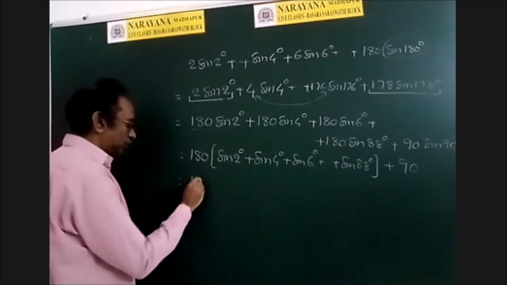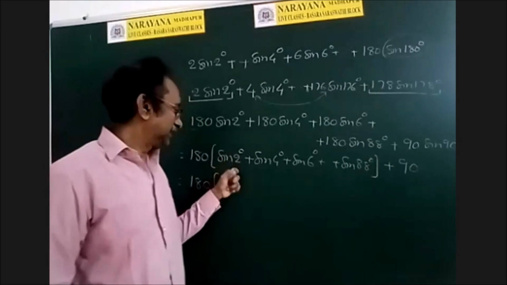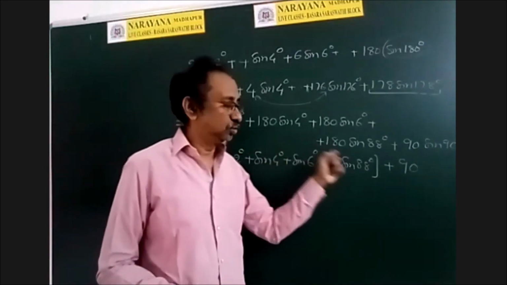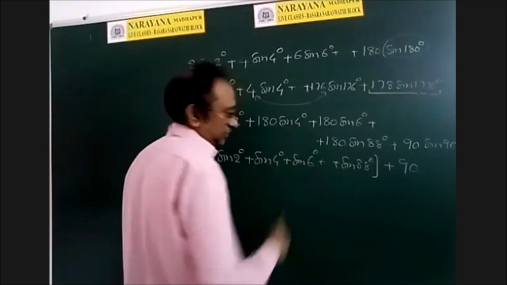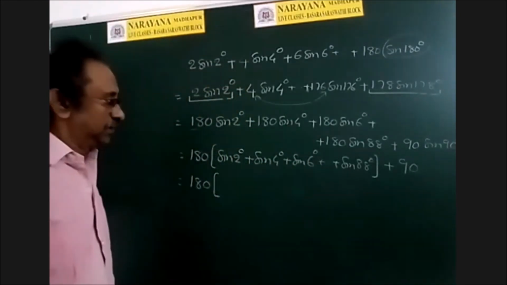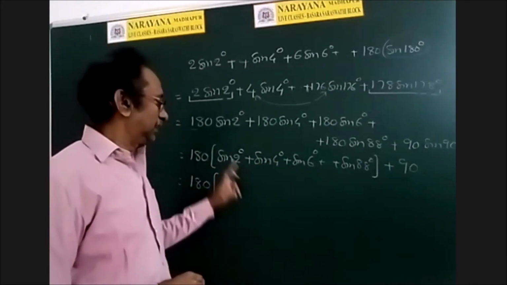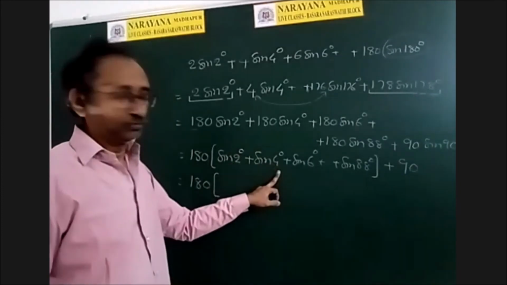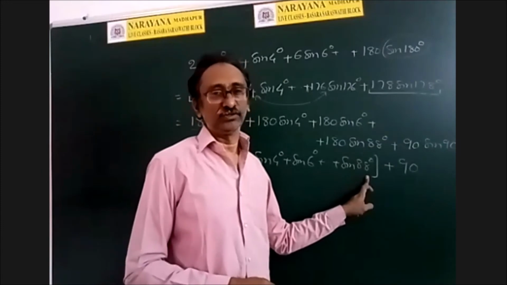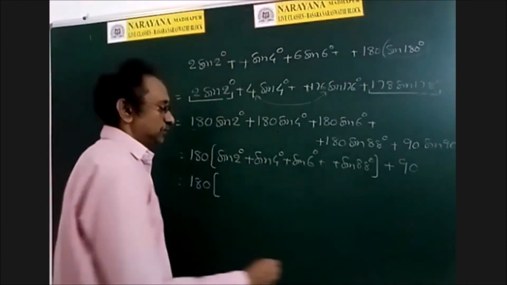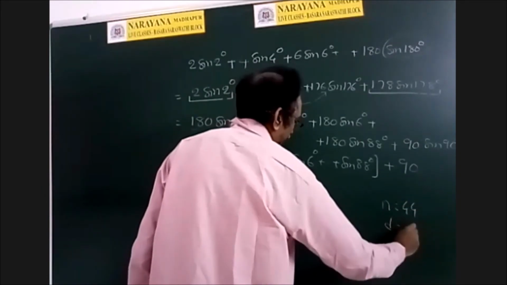And now, observe, we have written the formula on the board: sin theta 1 plus sin theta 2, so on, plus sin theta n, where theta 1, theta 2, theta 3 are in arithmetic progression. What is the common difference here? 2. What is the number of terms here? This is 2 ones, 2 twos, 3 twos, 4 twos, 44 twos. So the number of terms is 44. So here n is equal to 44 and the common difference is 2.